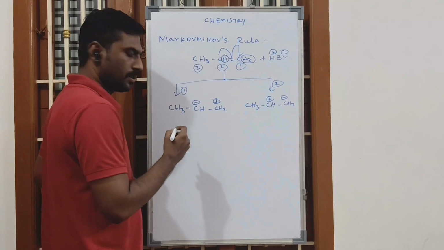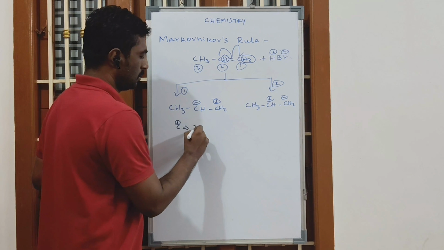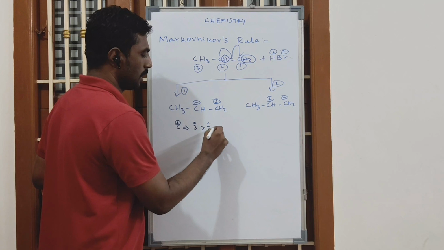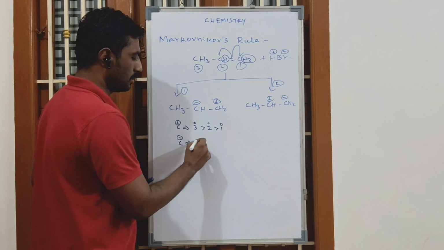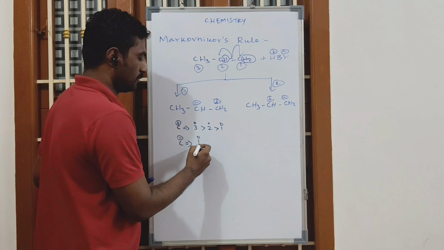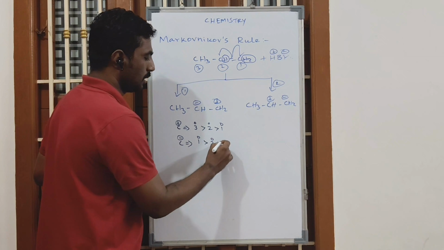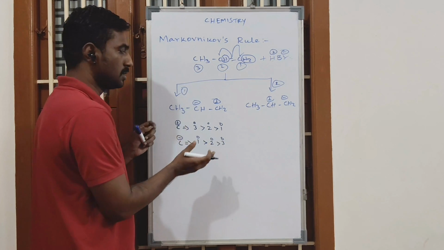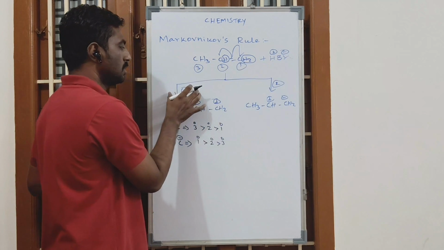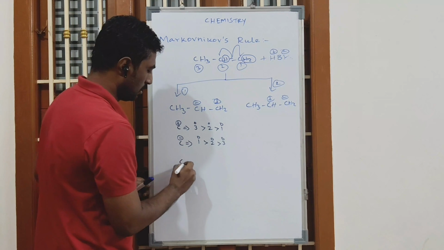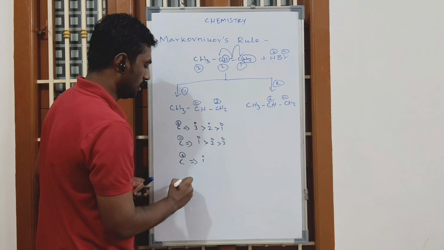When you consider the stability of carbocation, the tertiary is more stable than secondary, which is more stable than primary. For the stability of carbanion, the order is reverse: primary is most stable, then secondary, then tertiary. With this knowledge, let us analyze the intermediates formed in the first case and the second case. In the first case, the carbocation formed is primary, whereas the carbanion formed is secondary. In the second case, the carbocation formed is secondary and the carbanion formed is primary.